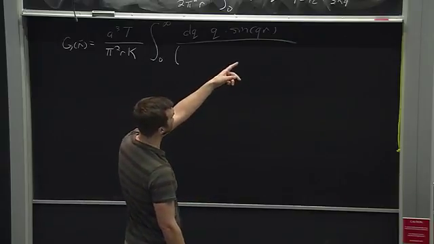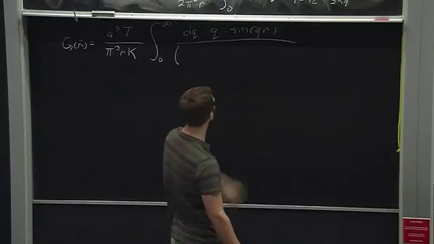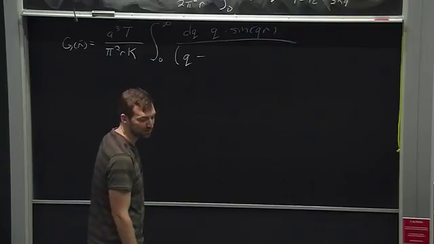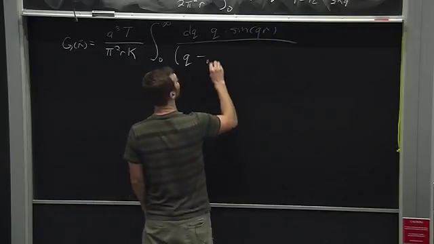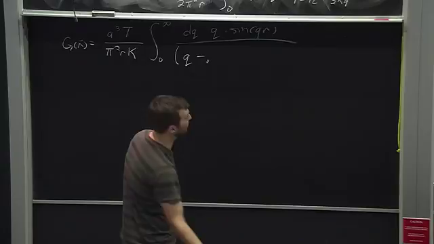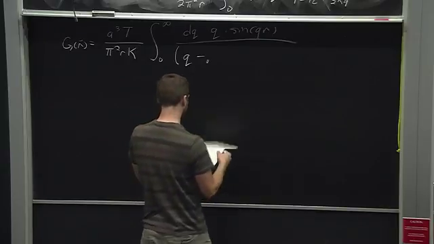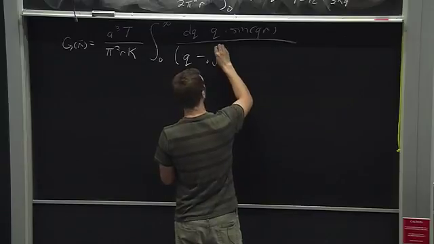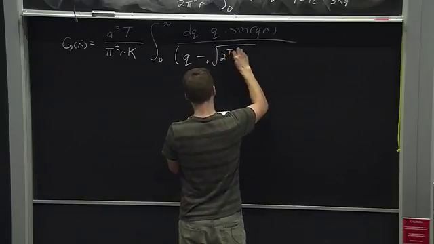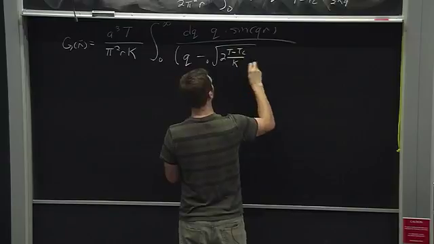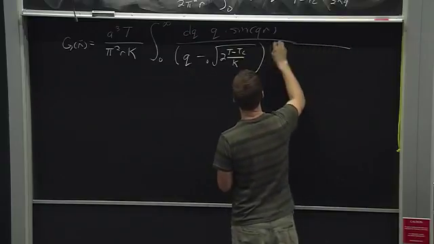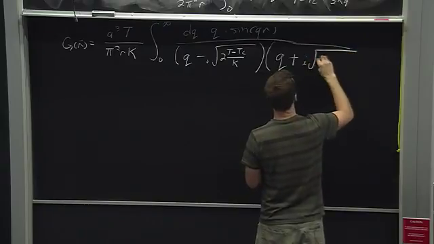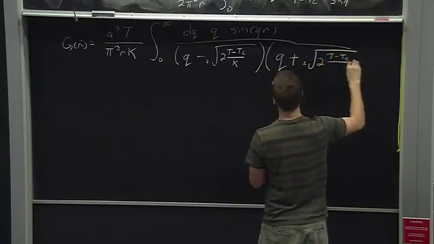I've got to complete the square on that thing. So it's q minus i times something, right? And you're going to have to take a square root of basically that mass term. So it's i root of t minus tc over kappa, and plus and minus i root of t minus tc over kappa.